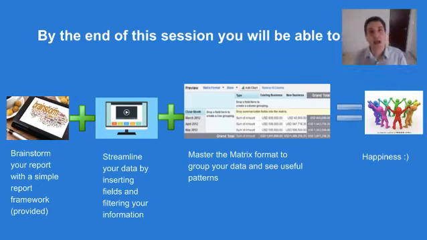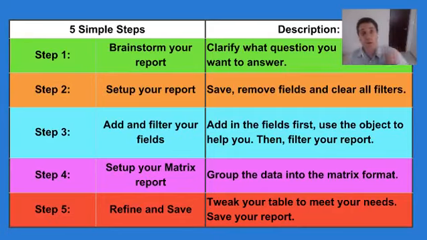Let's dive right in to the 5-step framework. I encourage you to take a screenshot of this particular framework to keep with you. And essentially it's made up of 5 steps. Step number 1 is to brainstorm your report, to begin with the end in mind. And what that means is that you have to be very clear about the question you want to answer.